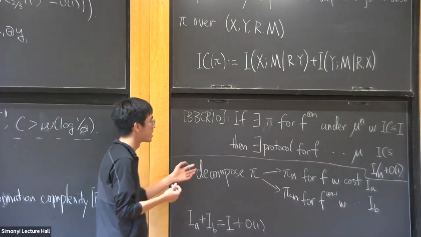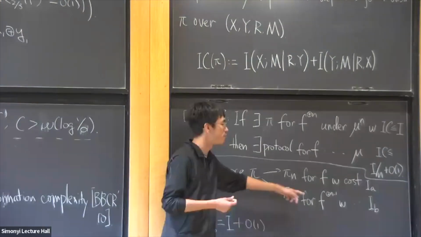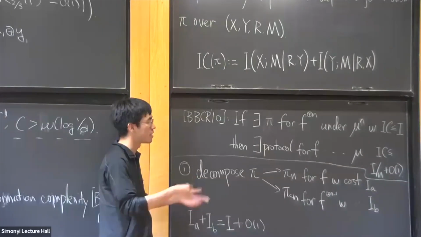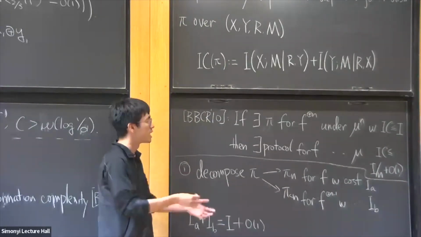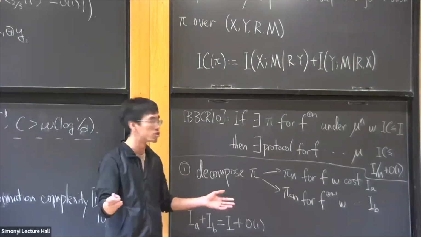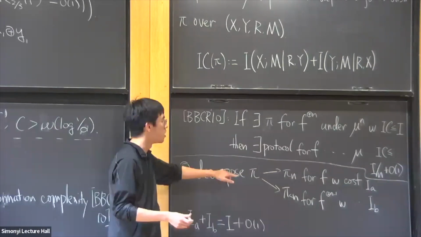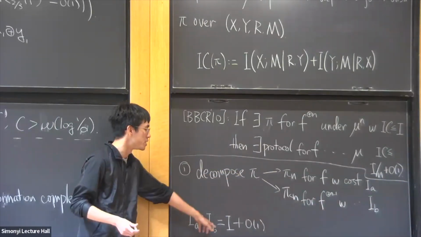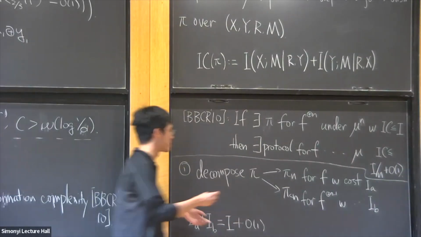This is just because we can recursively decompose pi sub less than n for f to the n minus 1, and we get a protocol for f and another protocol for f to the n minus 2, and we keep doing this n minus 1 times, and eventually we will get a list of n protocols, all for f, such that the total cost of these n protocols is going to be I plus O of n. Then this means the best one has the claimed property.